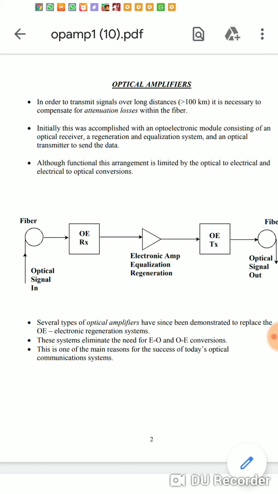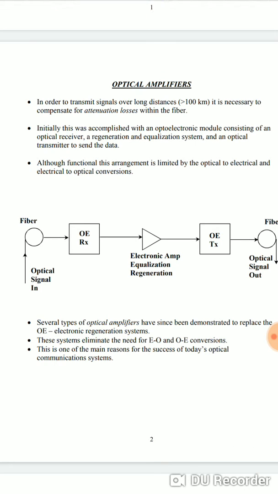Initially, the system which was used to amplify the optical signal is illustrated in the diagram. The optical signal is given as input to the optical fiber. Then the next block is optical to electrical conversion. The basic point was that the optical signal could not be amplified directly.